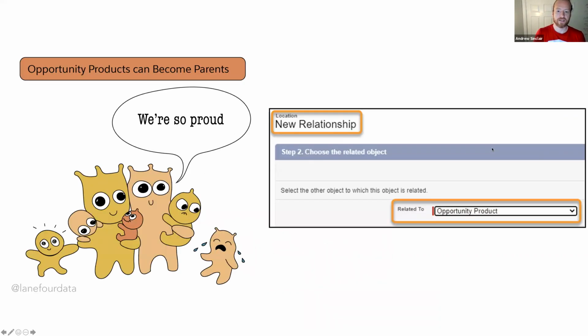This one's fun. This one's actually really important, because over the years we've done a lot of development to overcome this problem, which is opportunity products not being able to be the parent of something else. So why was this an issue? Let's say we were trying to create an invoicing schedule against the product.